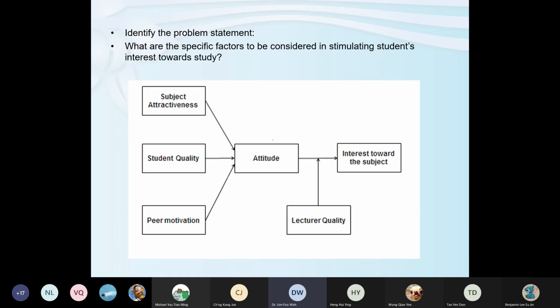Usually in the concept we will write: what are the factors, or specific factors, influencing your DV in your question? Then put a big question mark. Remember to put the question mark.